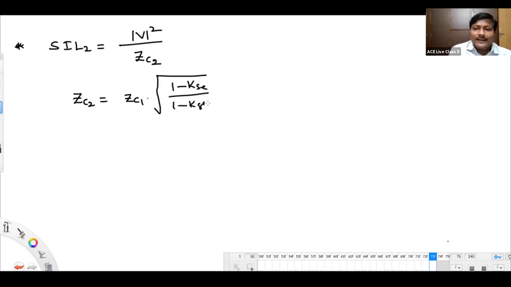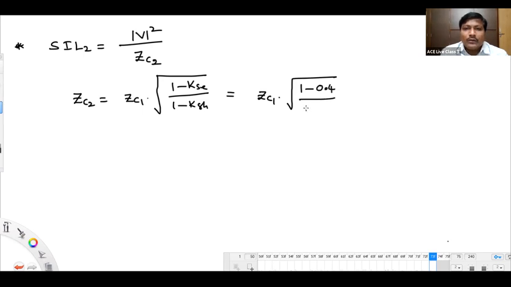This we have discussed already. So this is ZC1 into square root of 1 minus KSE, 0.4, by 1 minus KSH. The problem didn't say anything about shunt compensation, so it will be taken as 0. So it is root 0.6 times ZC1.